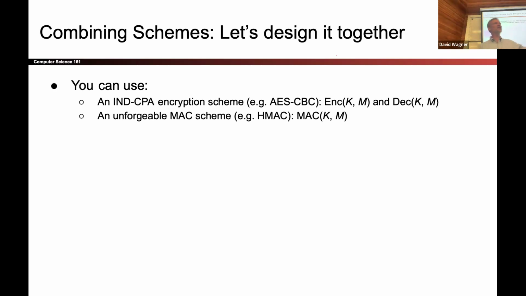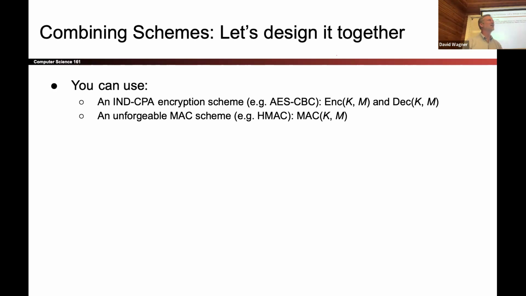You can assume the encryption scheme is secure according to the definitions we've given in this class, indistinguishability under chosen plaintext attack. And you can assume that the MAC scheme is secure under the definition we just gave you, existentially unforgeable under chosen message attack.